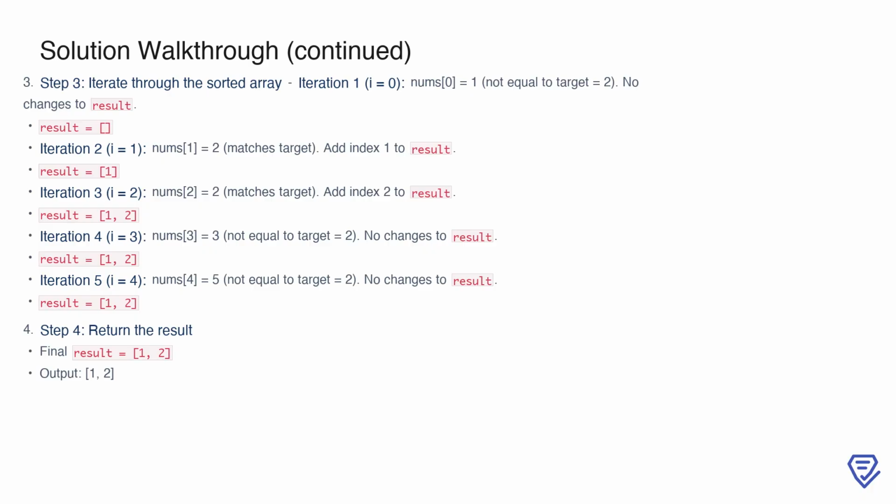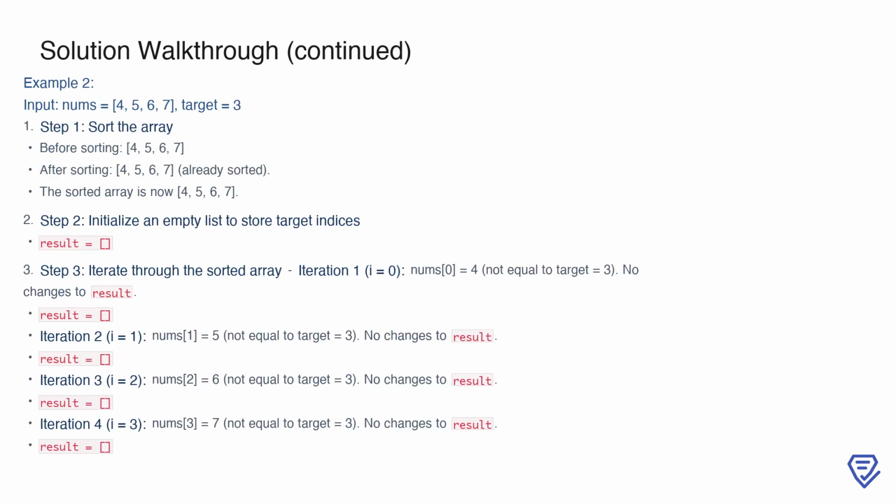At index 3, the value is 3, which does not match the target, so result remains unchanged. Finally, at index 4, the value is 5, which again does not match the target, so no further changes are made. After completing the iteration, result contains 1, 2, which are the indices of the target value in the sorted array. We then return this result as the output.